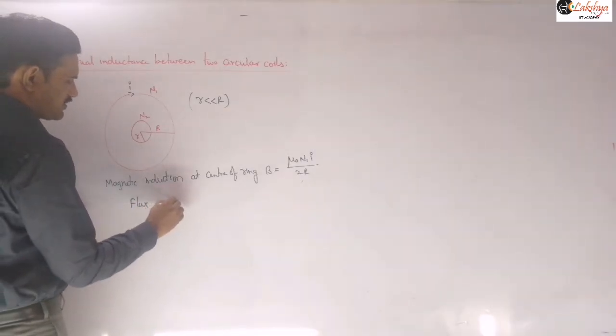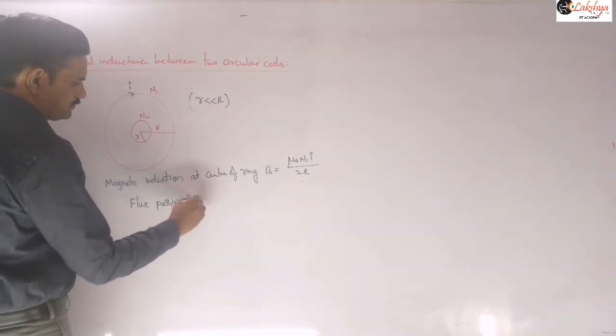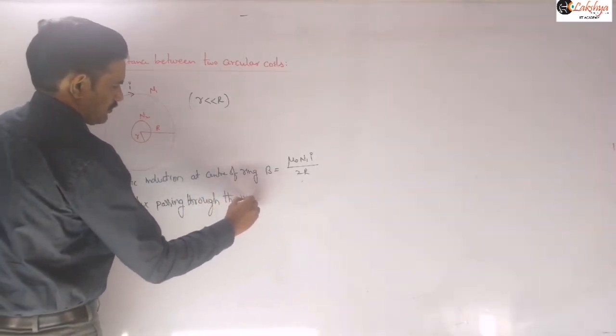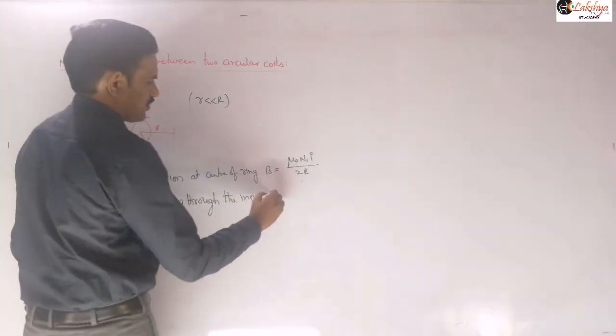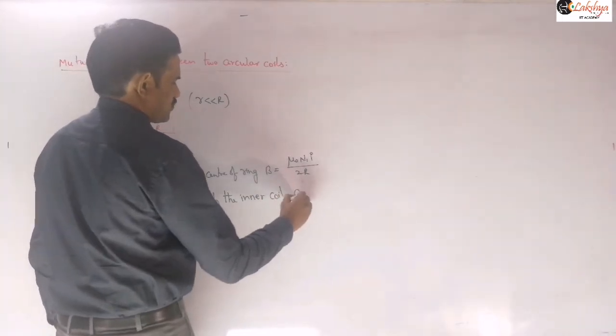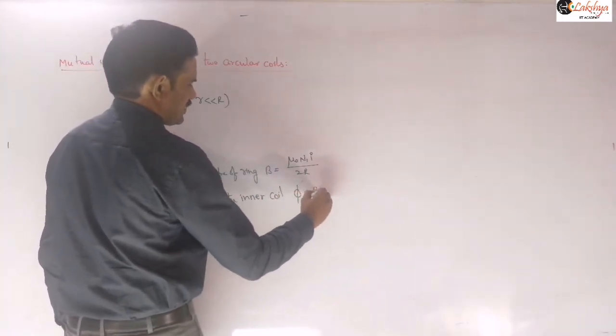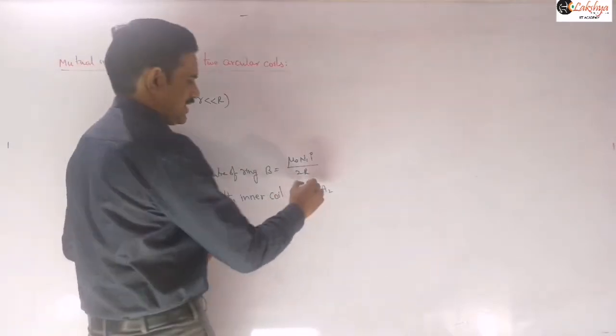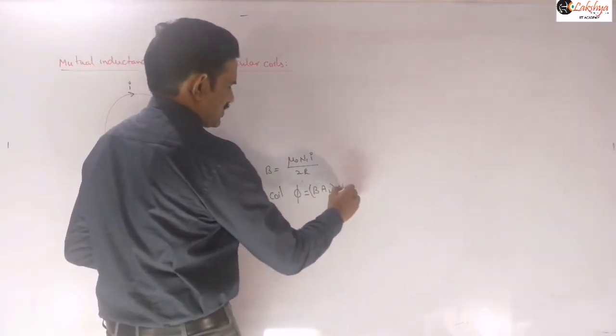So the flux passing through the inner coil we can write as B into A2 into N2, where A2 means the area of the inner coil and N2 its number of turns.